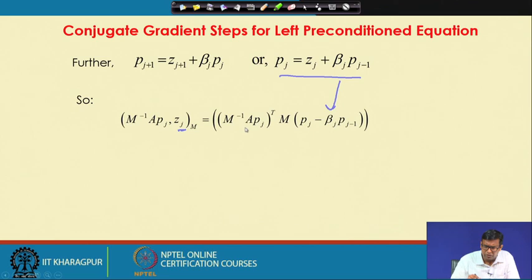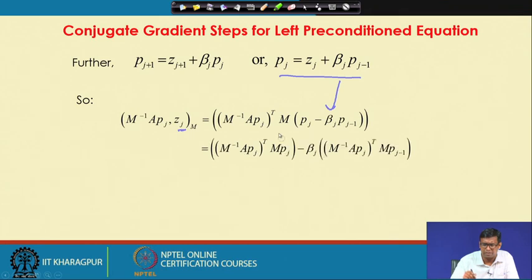So, when we do this, we will have A p j transpose M inverse transpose, and M inverse transpose is the same as M inverse, because M is a symmetric matrix. So, we will have minus, and the other part will be beta j M inverse A p j transpose M p j. Now, if we break it down, basically M inverse A p j transpose M p j minus beta j, which is a scalar and comes out, M inverse A p j transpose M inverse p j.